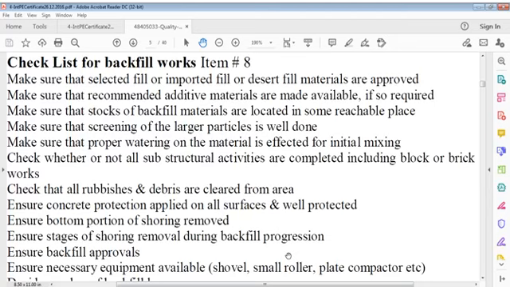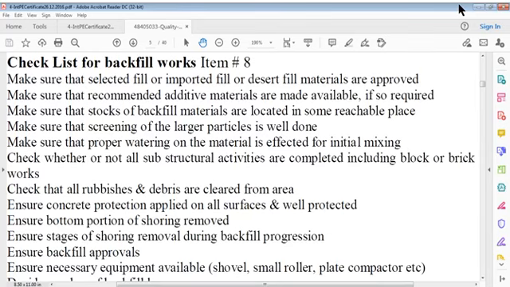You have to check, make sure that rubbish and debris are cleaned from the area. All debris are cleaned from the area. Ensure concrete protection is applied on all surfaces and well protected.